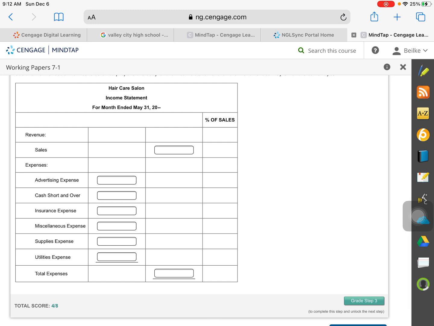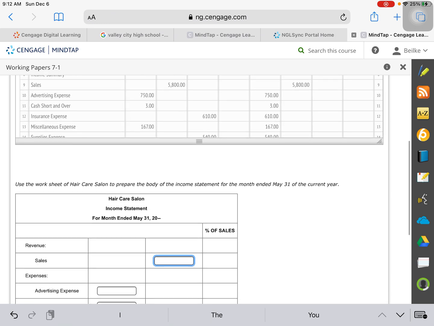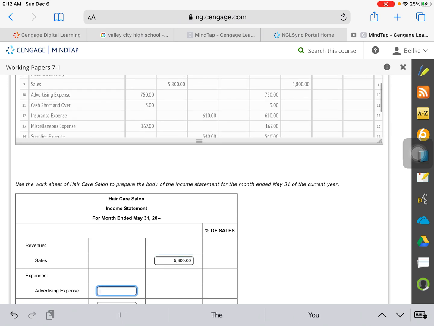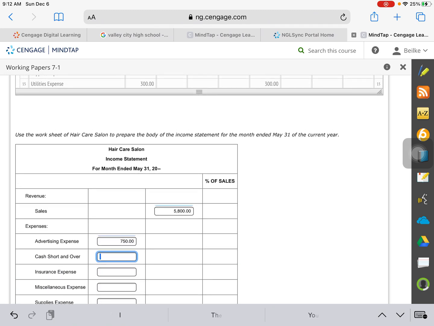Using the worksheet from above, we are going to fill in the missing blanks. So if you look up on the top, our revenue, our sales account, if you look in the income statement column, up here, you can see that sales is $5,800. Our expenses are listed right there. And so we'll plug those numbers in. So we have $750. Cash short and over is 3. Insurance expense is $610.